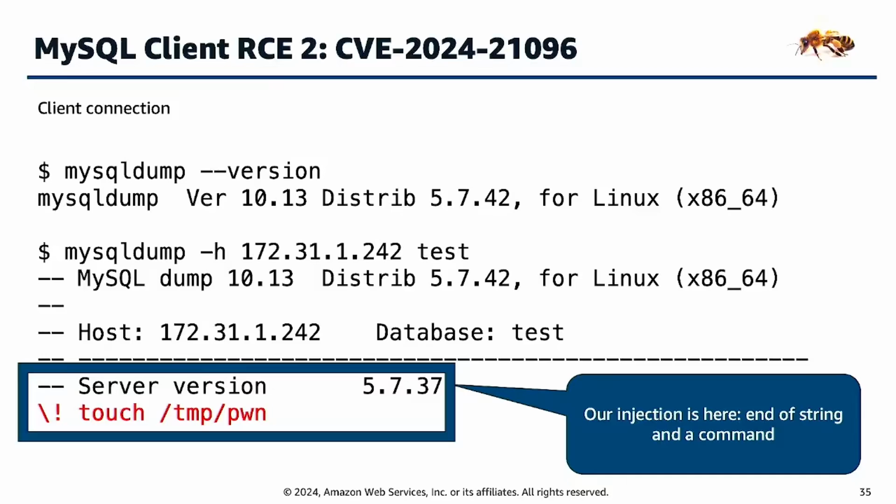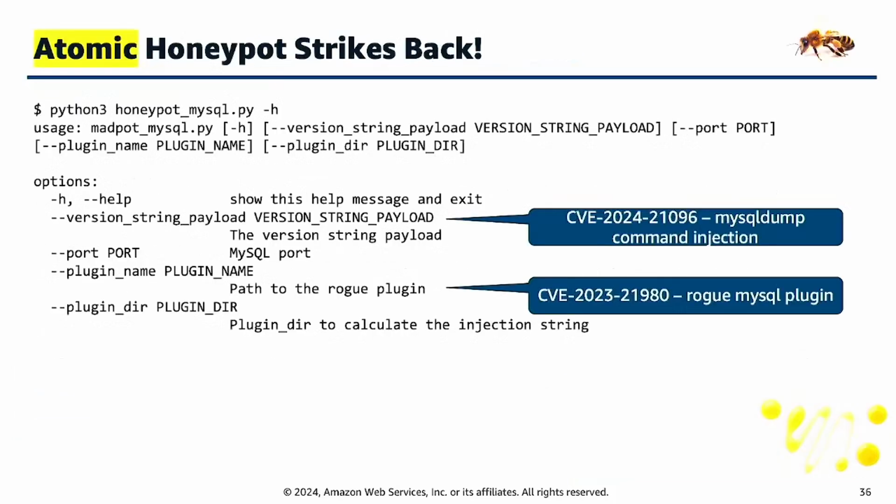And if you pipe it through MySQL command line, then we have command execution. Starting with that, we have created our atomic version of high interaction MySQL Honeypot. And we added two options here.